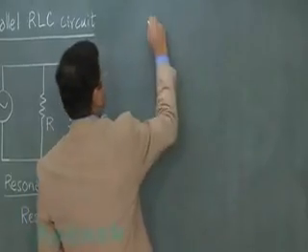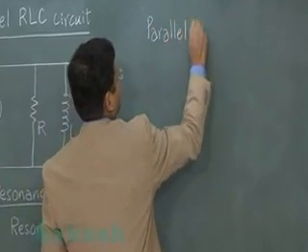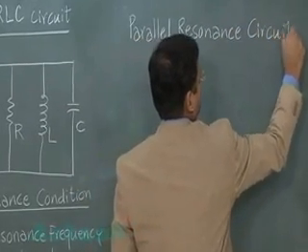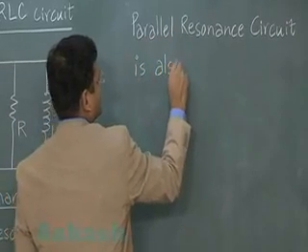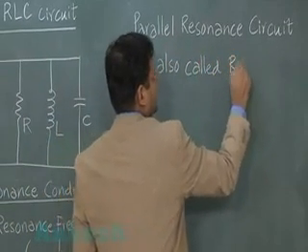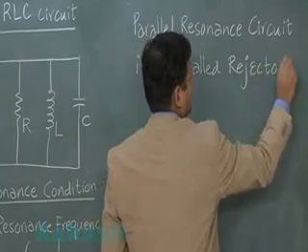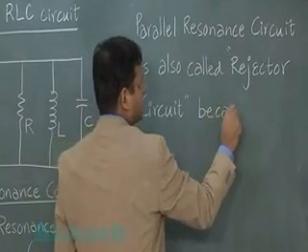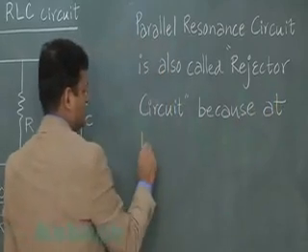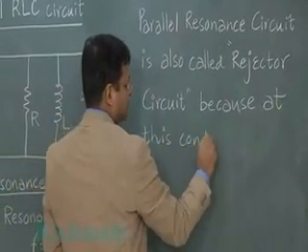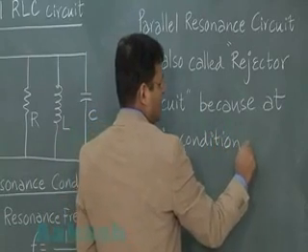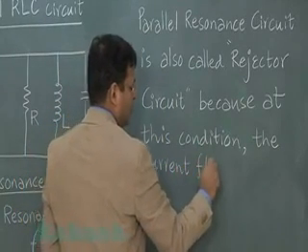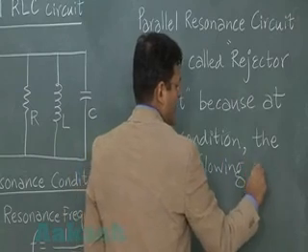The parallel resonance circuit is also called a rejector circuit because at this condition the current flowing into the circuit is minimum.